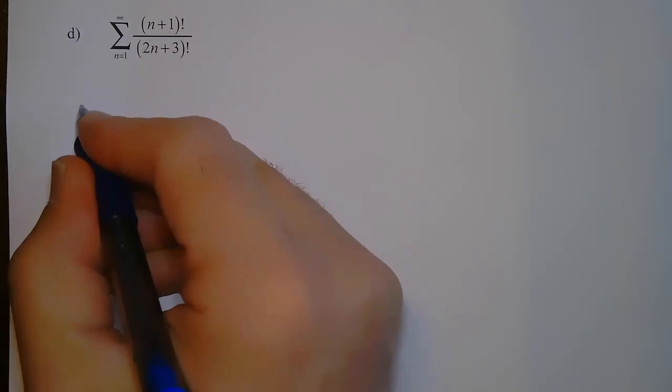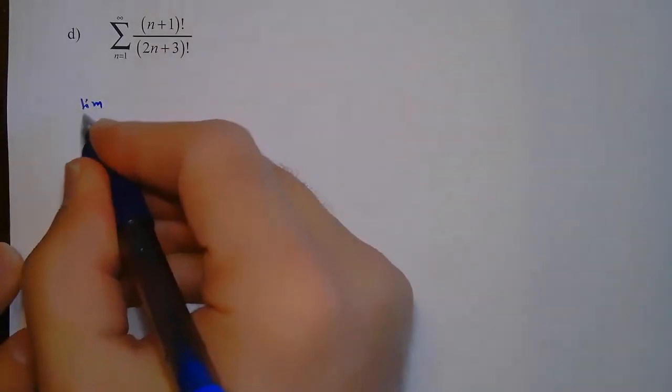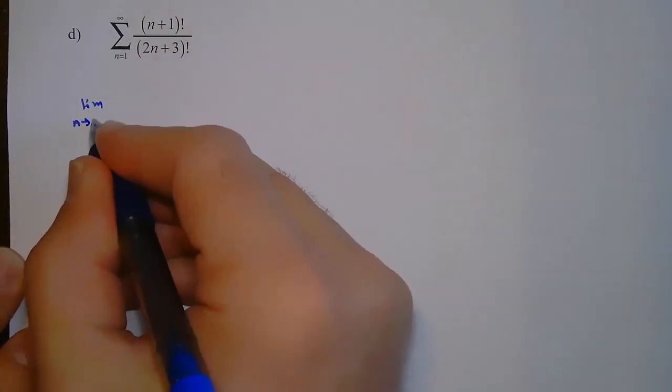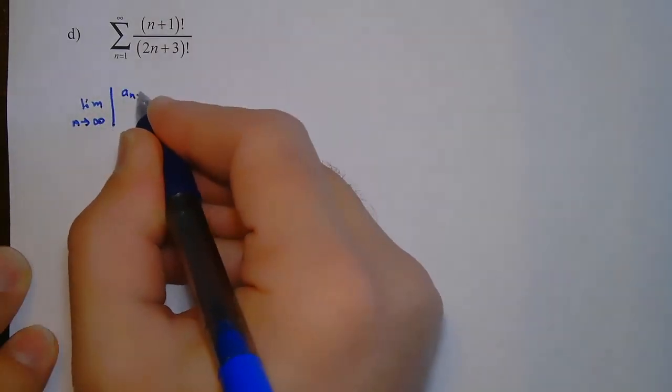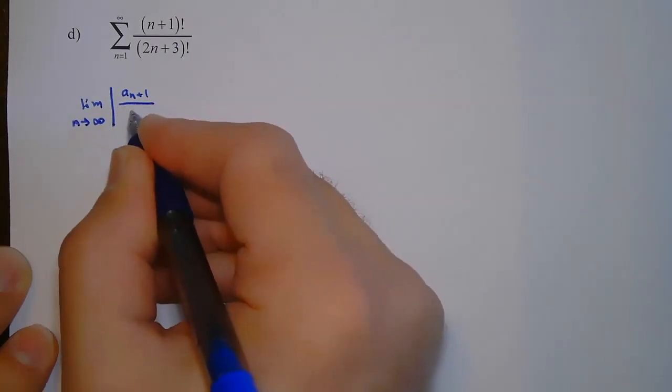So let's take a look at the limit as n goes to infinity of the absolute value of a sub n plus 1 over a sub n.